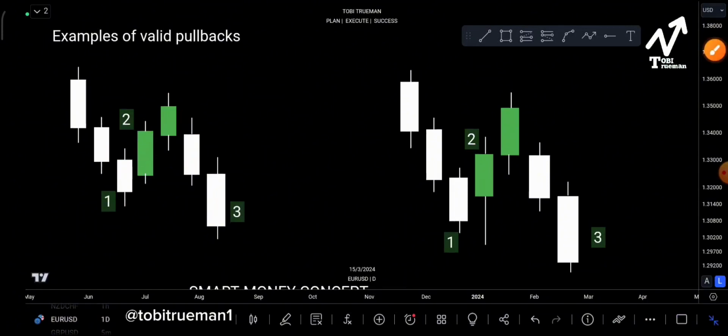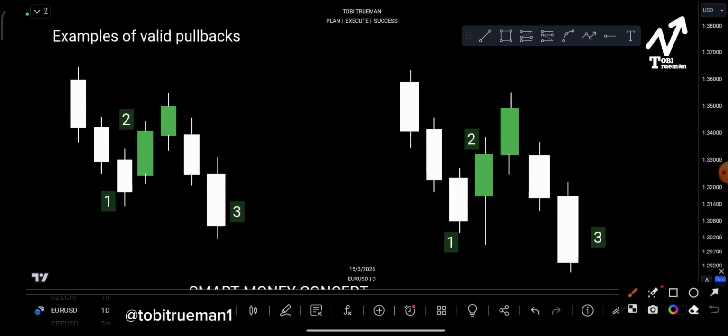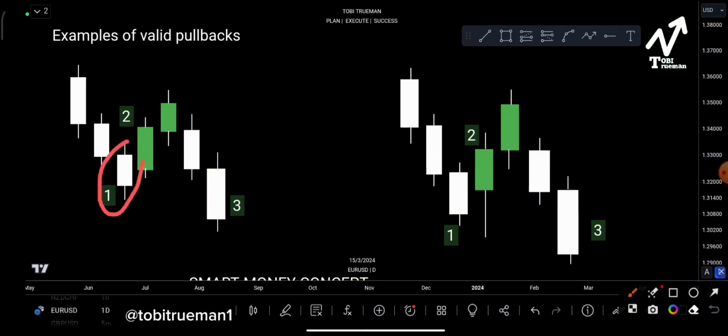So let's analyze this candlestick formation. This is the first candlestick, candlestick one. When we look at candlestick one, what can we understand there? There's the body of the candle, there's a wick downward, there's a wick upward.